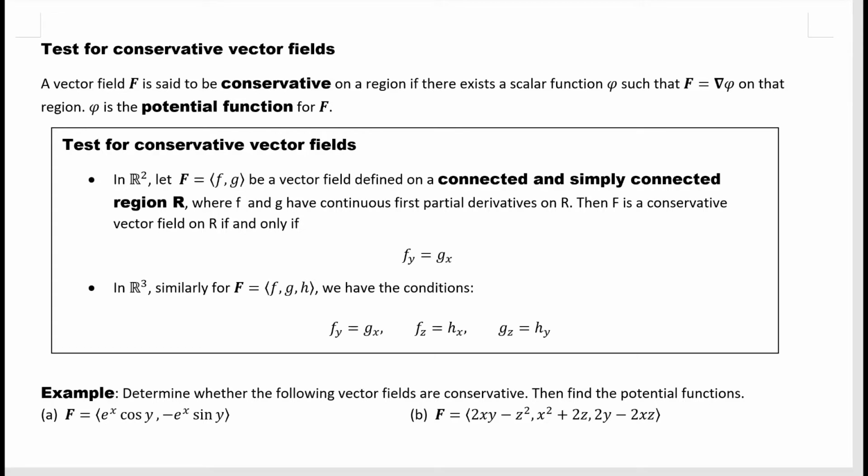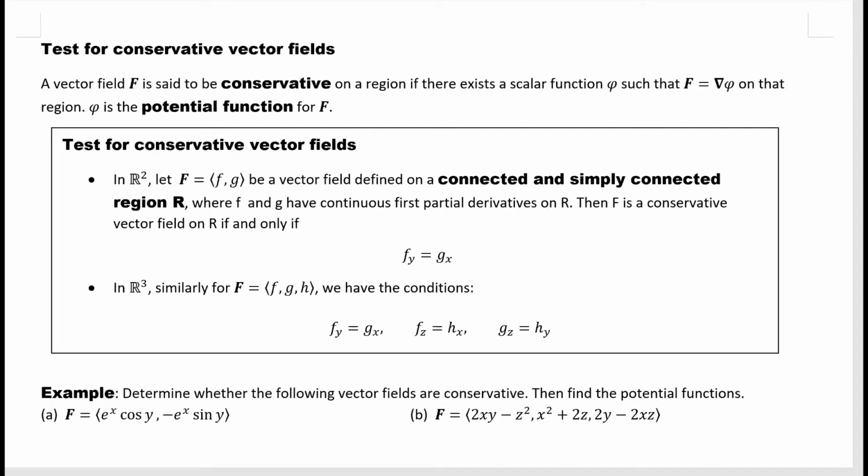In R2, let F be the vector field whose coordinate functions are F and G. Say this vector field is defined on a connected and simply connected region R. We already know what connected and simply connected mean, right? And F and G have continuous first partial derivatives on R.